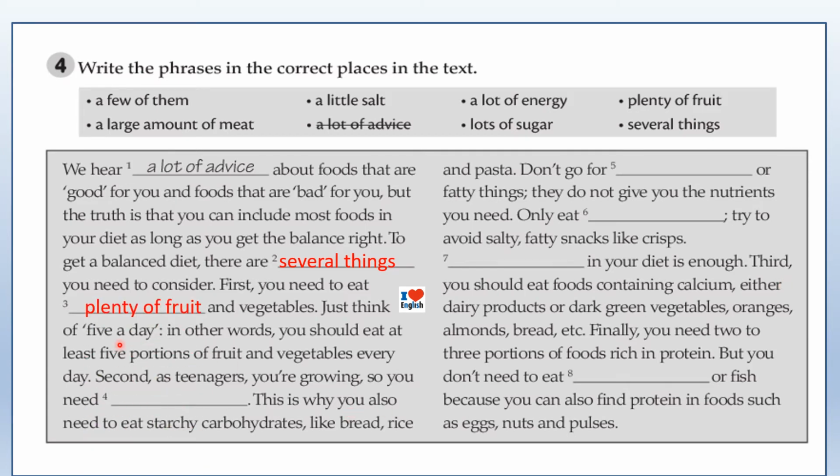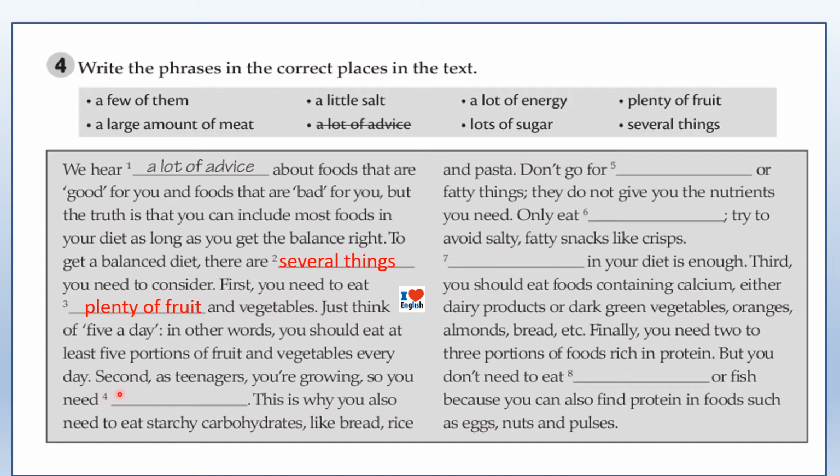First, you need to eat plenty of fruit and vegetables. Just think of 5 a day. In other words, you should eat at least 5 portions of fruit and vegetables every day. So it's better to eat 5 portions of fruit and vegetables every day. Now we have finished the first.